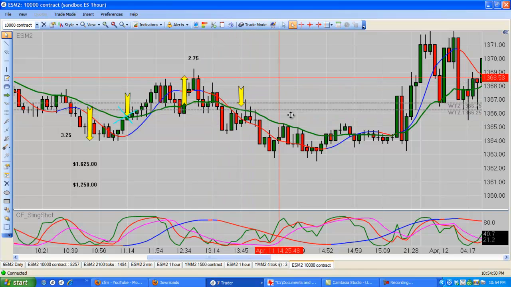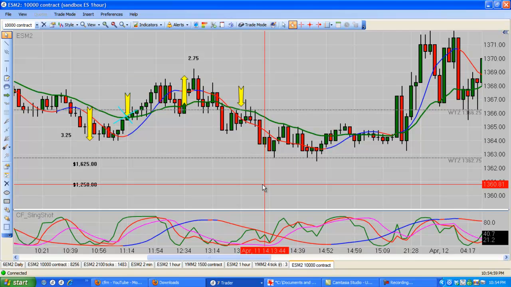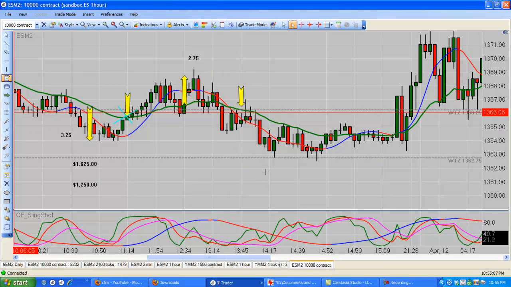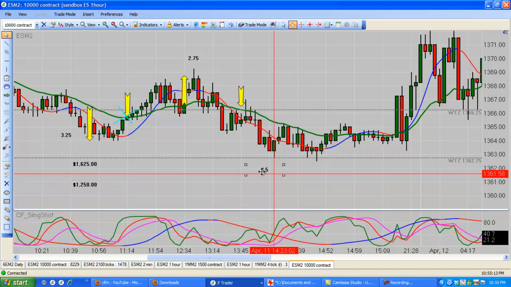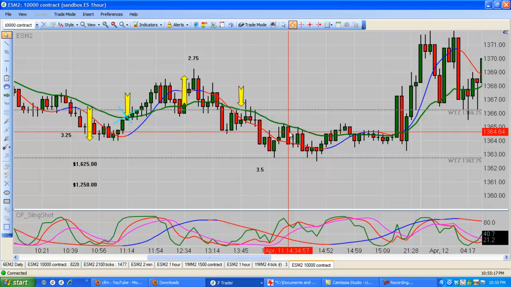And then price drops from 66.25 to 62.75. 66.25 minus 62.75, 3.5 points. That's to here. Then it pulls back again.